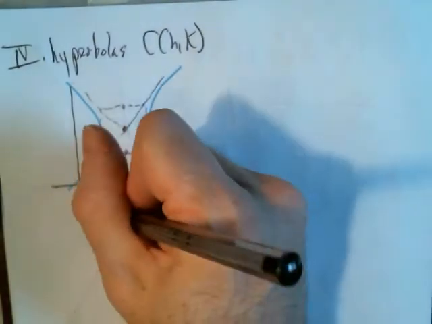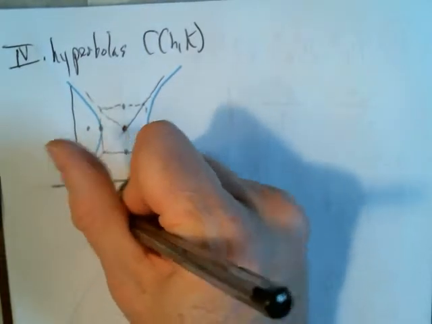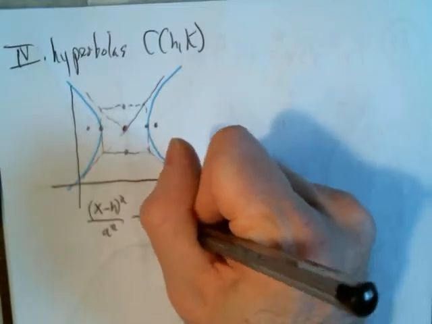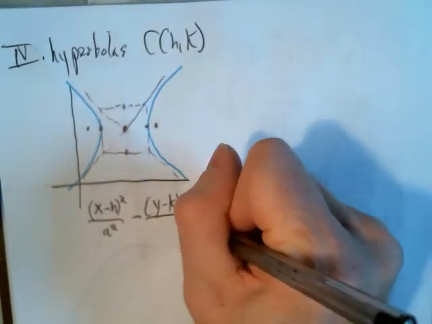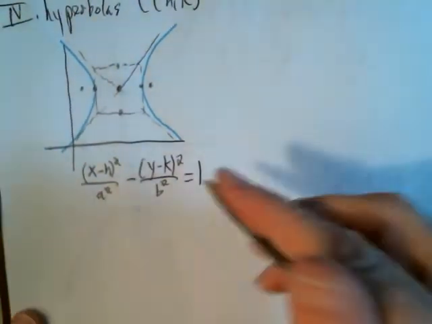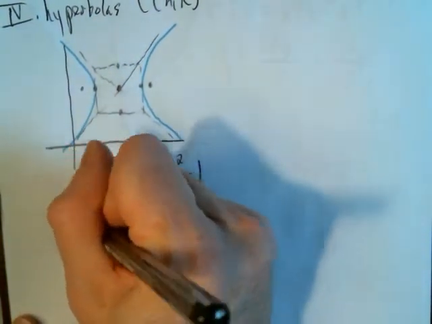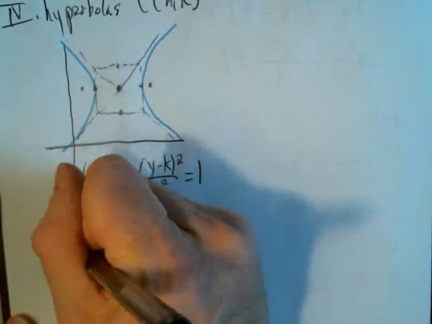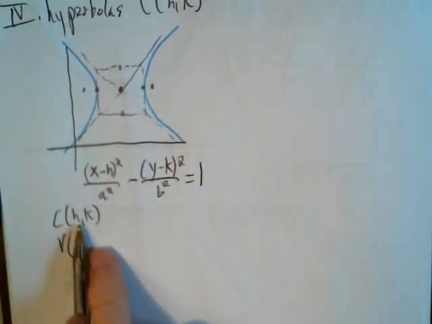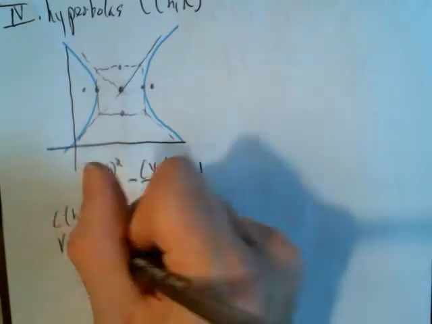Right, so the formula for this guy will be now x minus h squared all over a squared minus y minus k squared all over b squared, and that'll equal 1. Okay. So the center, again, is h comma k. And then to get the vertices, we're moving in the x direction. So we're sort of adding and subtracting on the x coordinate.